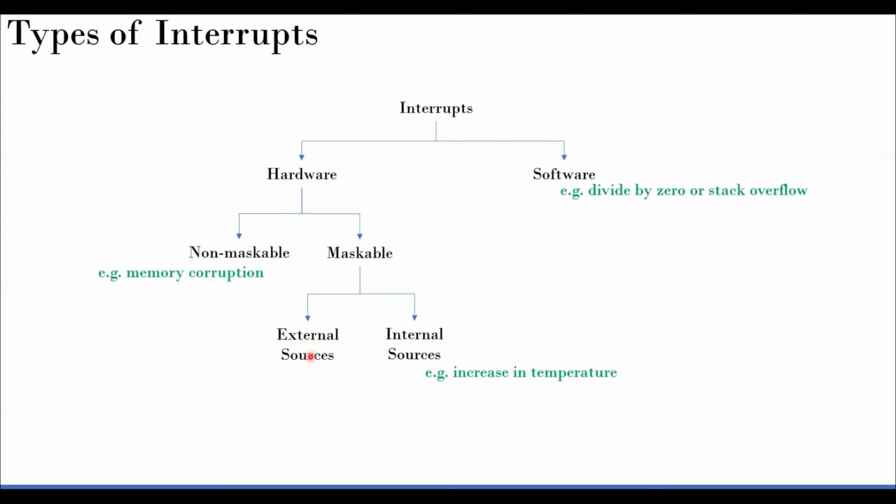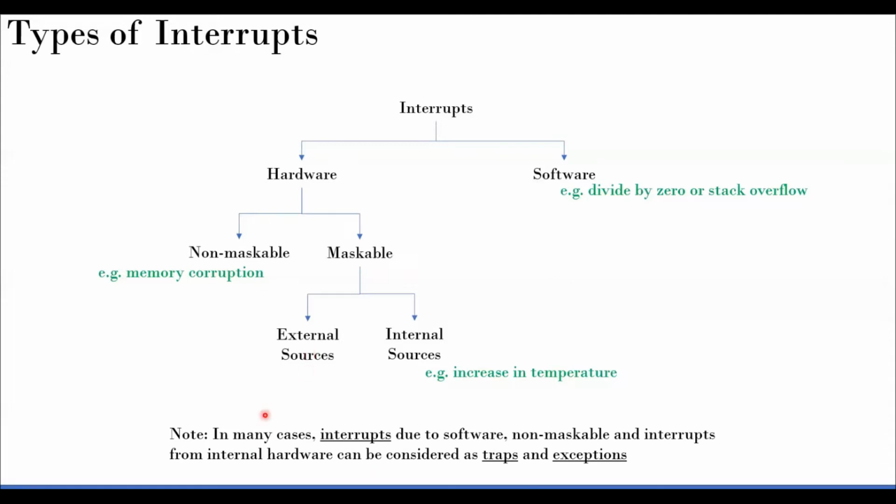And external sources are plenty of them. Any interface that you can think of, including the GPIO, can act as an external interrupt, and they are maskable. Okay. And just a note here: software interrupts, typically they don't call them interrupts. They call them traps and exceptions.